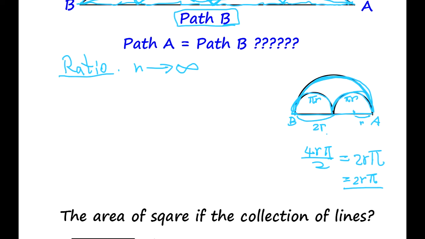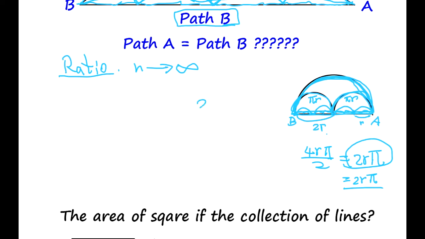We do the same thing again and again and again, keep doing it. So this path eventually becomes a straight line from A to B. But the ratio is 2 pi r from here to here, over 4r.